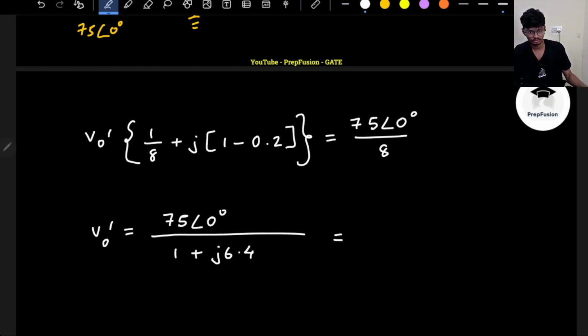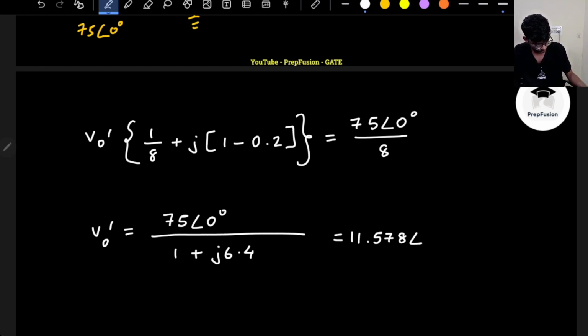Okay, so now if I solve this, what will this come out to be? So 75 divided by the square root of 6.4 whole square plus 1, that is 11.578. Okay, this is the voltage value basically. And what is the phasor angle? Angle I have to calculate.